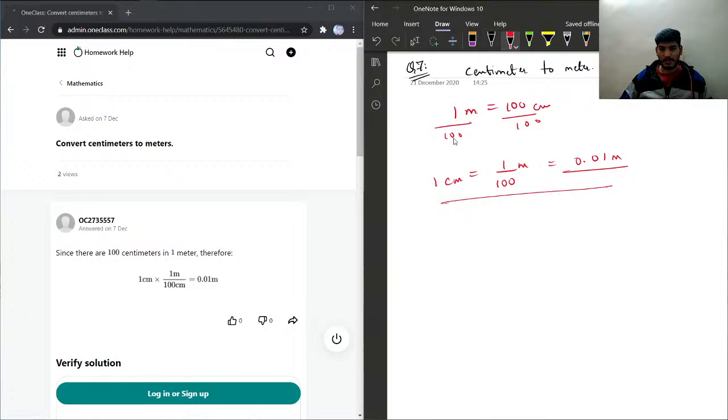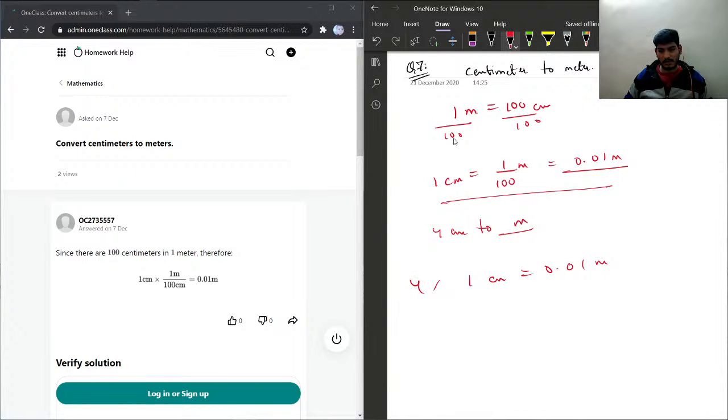And this is pretty much all. I can take one example. So let's convert centimeter to meter. Let's say 4 centimeter to meter. So I'll use this. 1 centimeter is 0.01 meter.